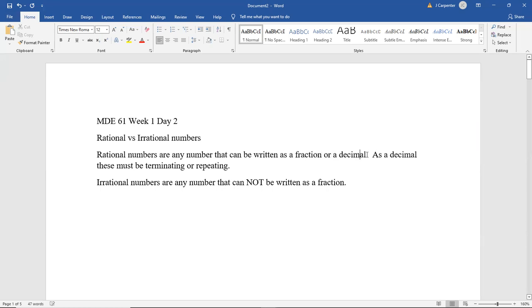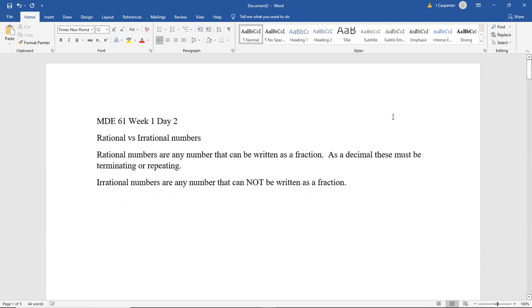Cut that out if you already wrote it. Rational numbers are any number that can be written as a fraction. I had the second sentence in my head and I just was not saying all the words right. Please forgive me there. Rational numbers are anything that can be written as a fraction, but as a decimal, it has to be terminating or repeating.